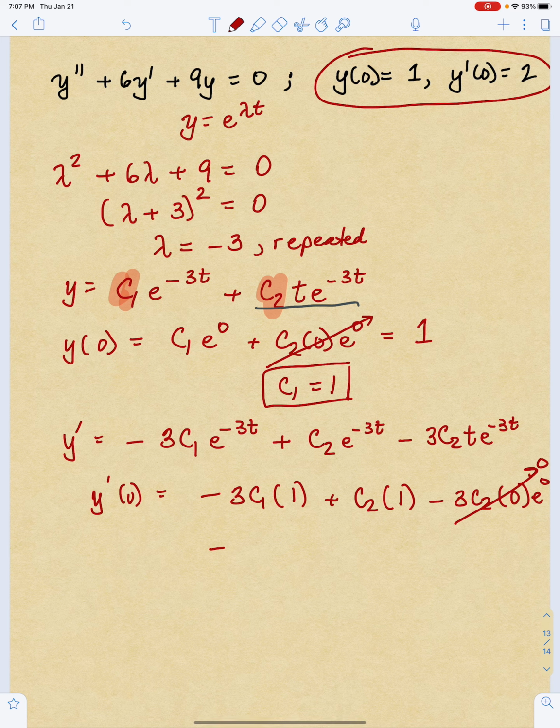And we end up with -3 c1 plus c2, and that's supposed to be equal to 2, which is from up there. Now, we already found that c1 is supposed to be 1.